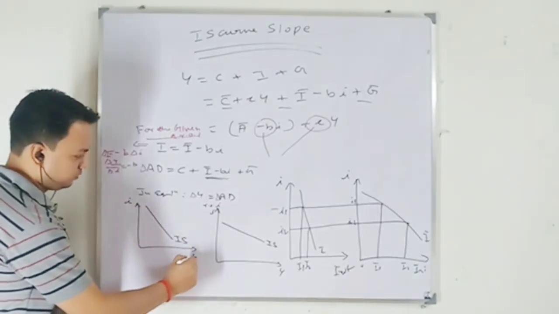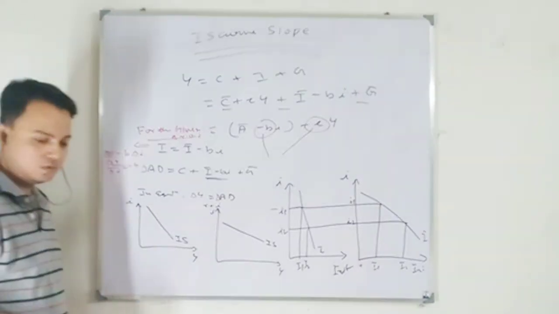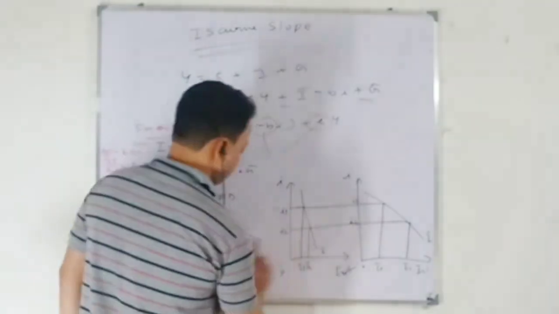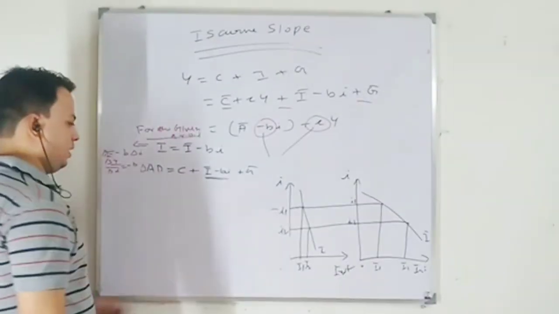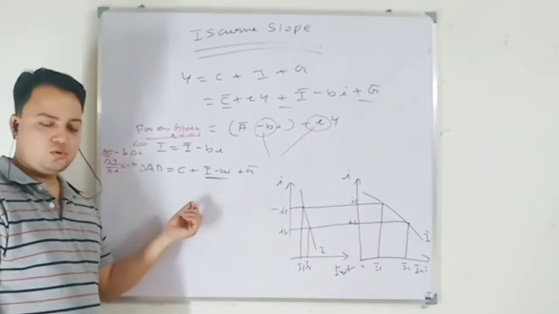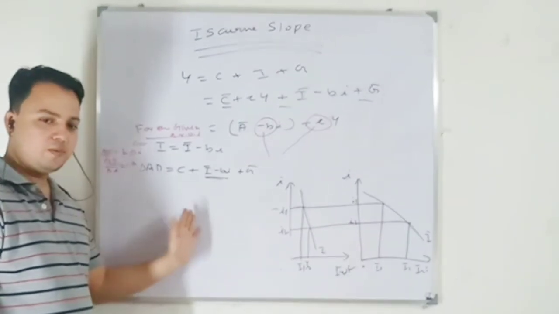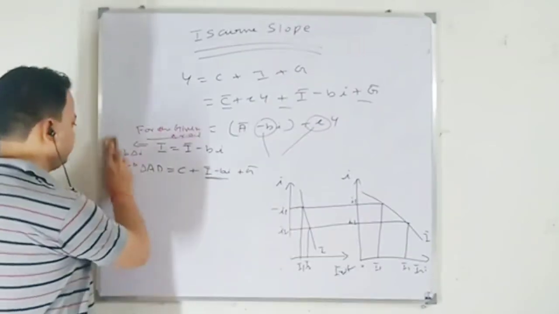Write down. Next, one graph I am going to draw. You can use the same argument to draw the graph for this part also, the steeper and flatter part.